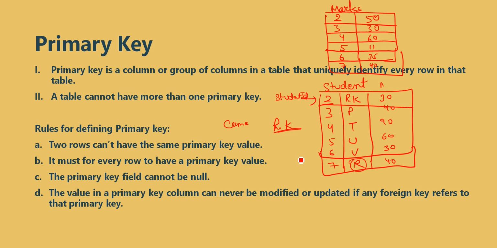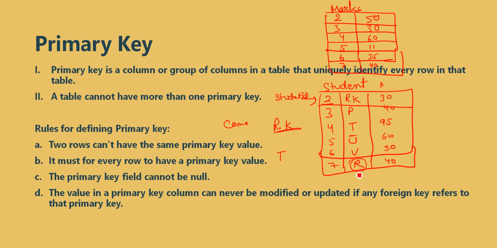Now let's say the T student came to me and requested me to please change my age from 90 to 95. No, not a problem. I'll simply go to my table, open it and update this to 95. We are going to see how to update and how to delete later. So this is not going to be an issue. I can easily update the values.